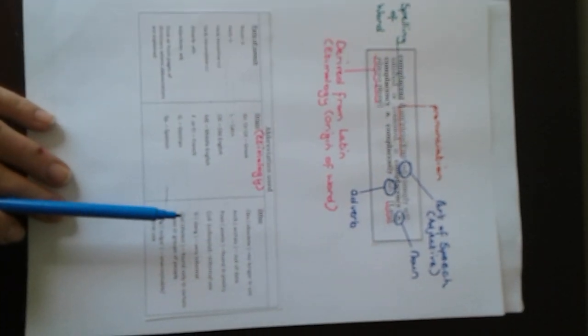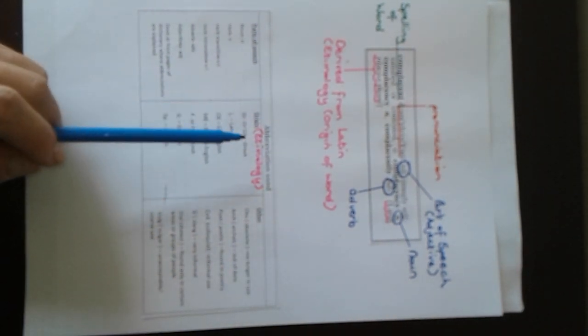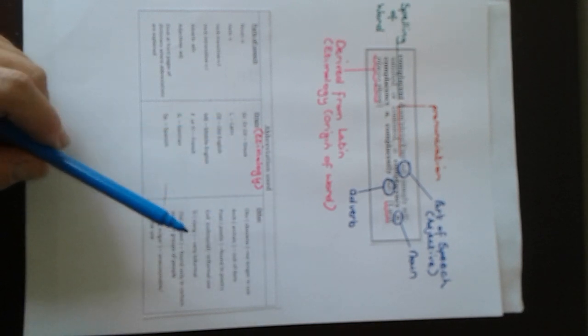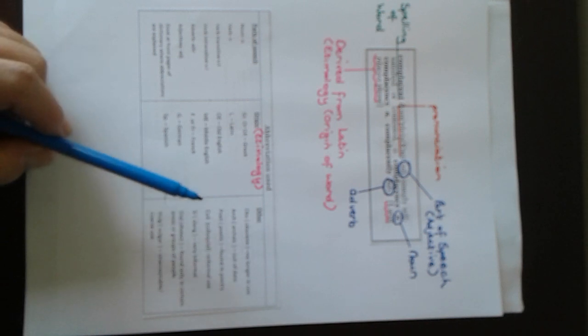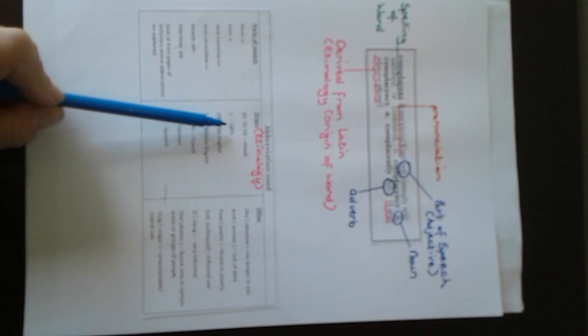Then the etymology, that is the big word we use for the origin of the word, the language it has been derived from. And sometimes they even indicate which century this word was derived from that language. GR or GK stands for Greek. Okay.